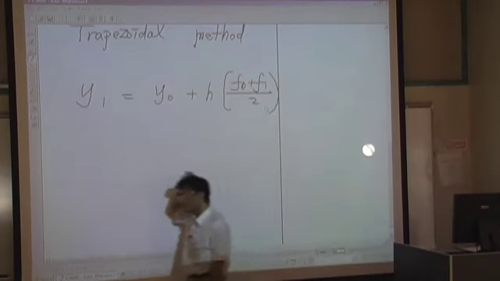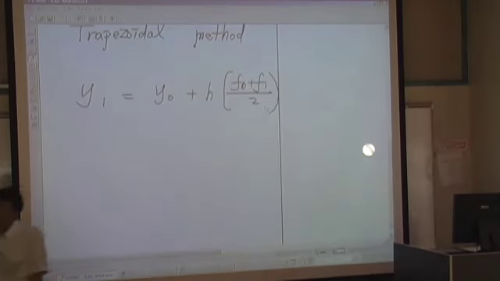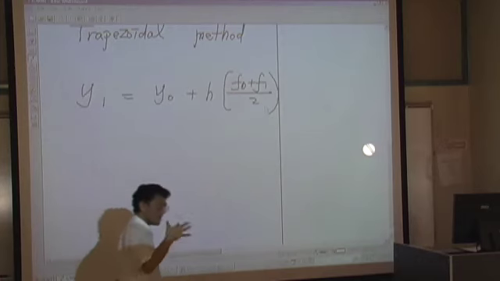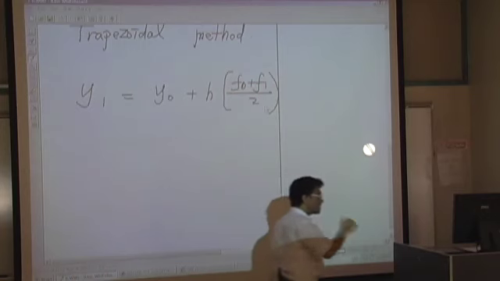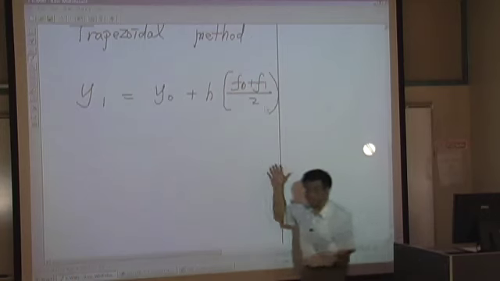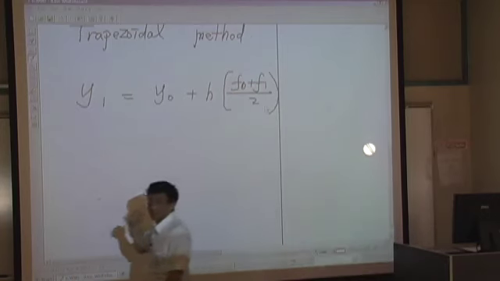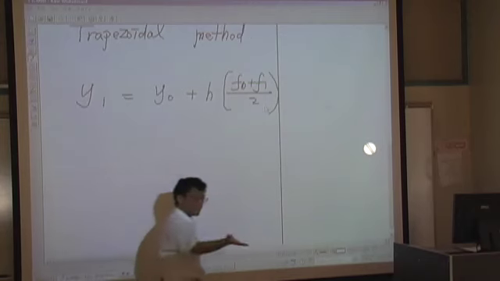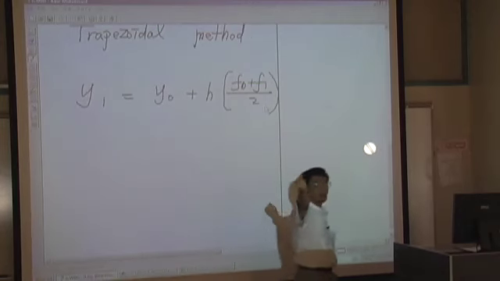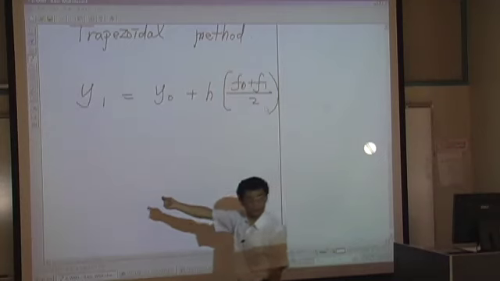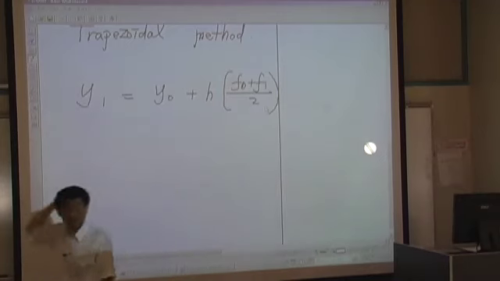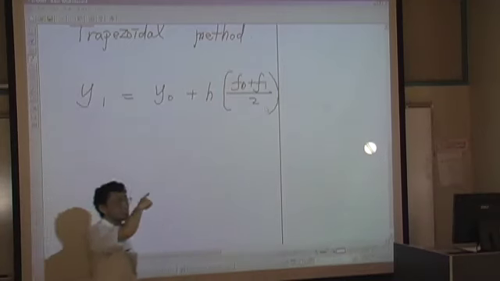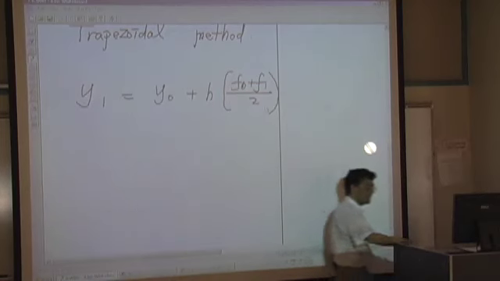Heun's method and this method look similar. But Heun's method and this method are completely different, except the pattern looks similar, right? Take a look at Heun's method. Heun's method is an explicit method. It doesn't rely on the unknown height. This method relies on the unknown height. Why? F sub 1 bears what?